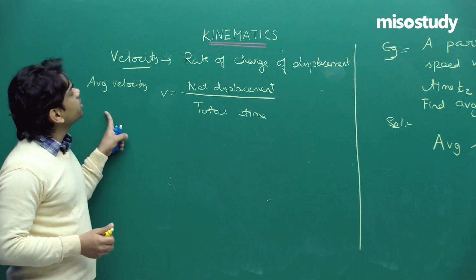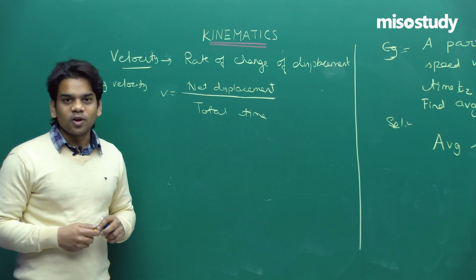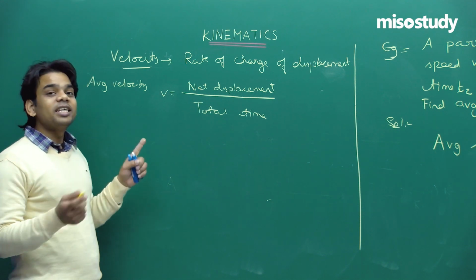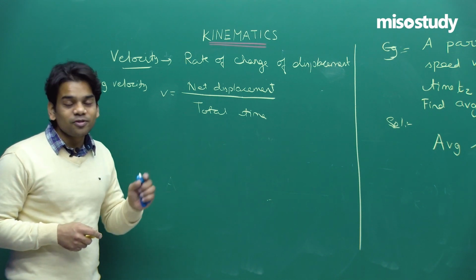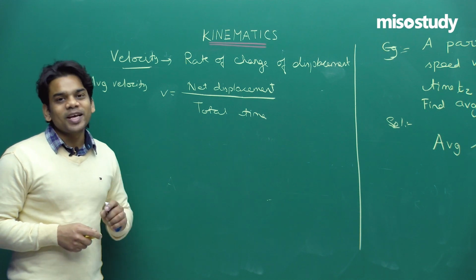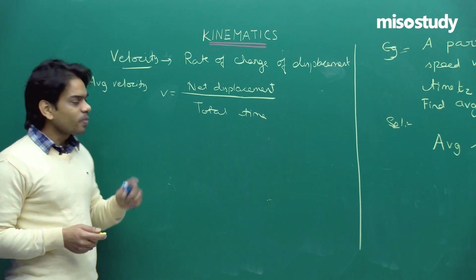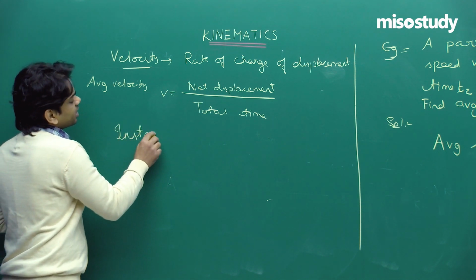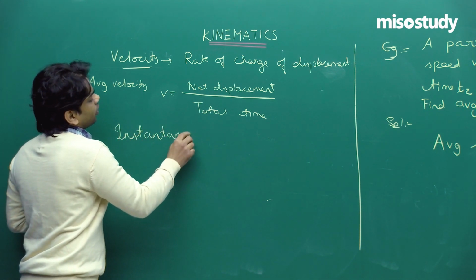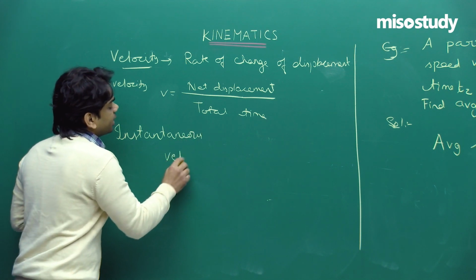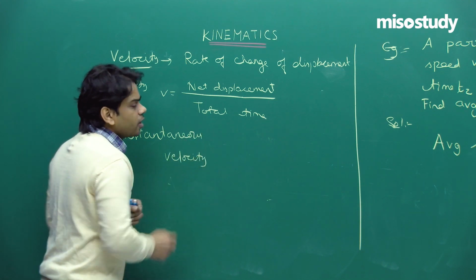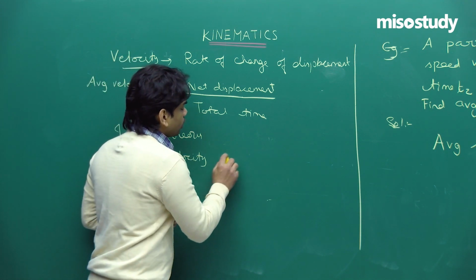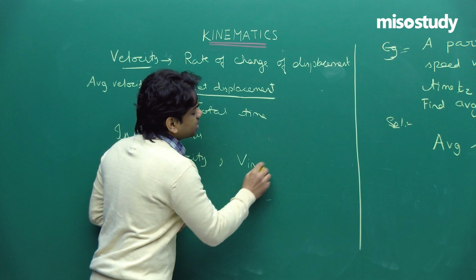Now suppose it is asked what the instantaneous velocity is. The instantaneous velocity is the velocity at that particular instant of time, and its direction will be the direction of change in displacement at that instant. First let me mention instantaneous velocity. When you record the velocity at a particular instant of time, it comes out as V instantaneous.